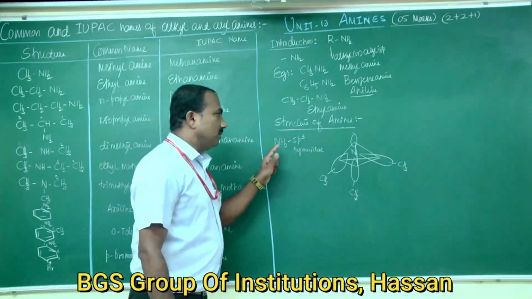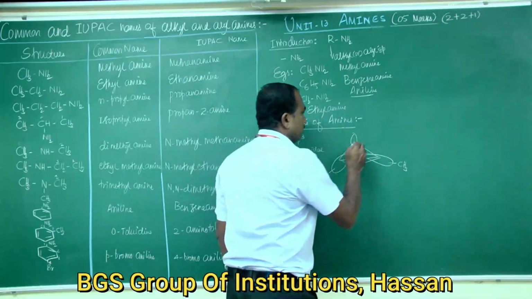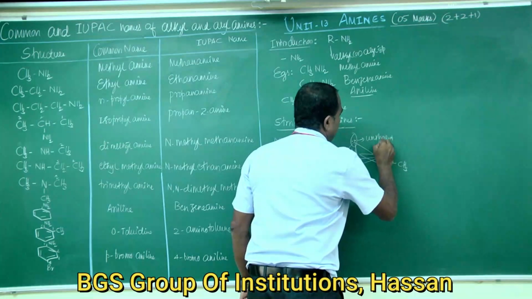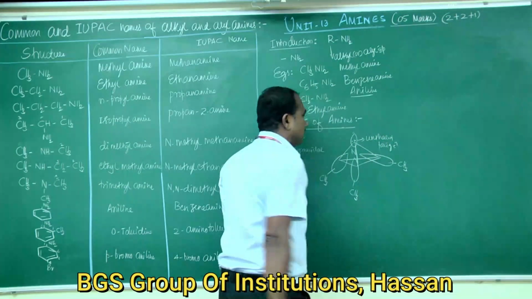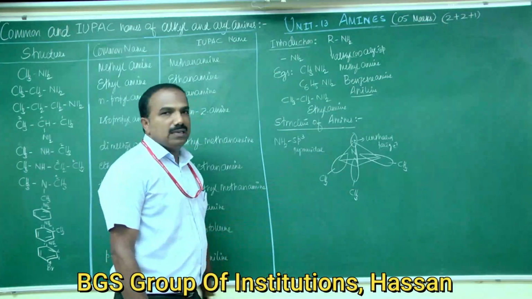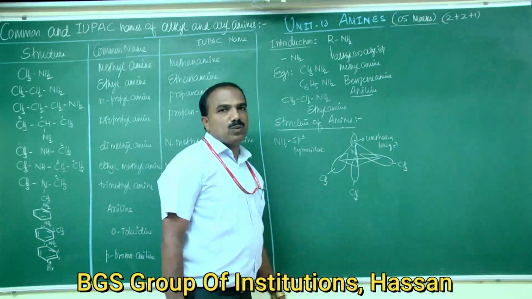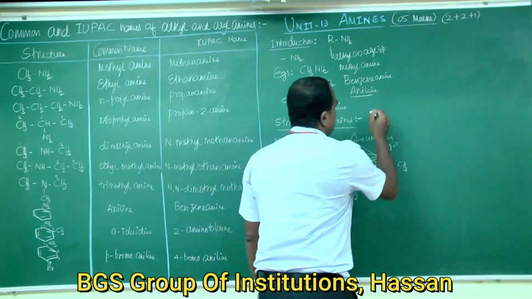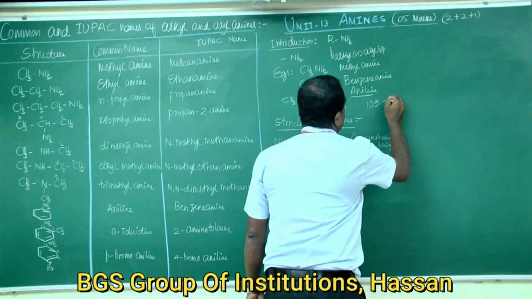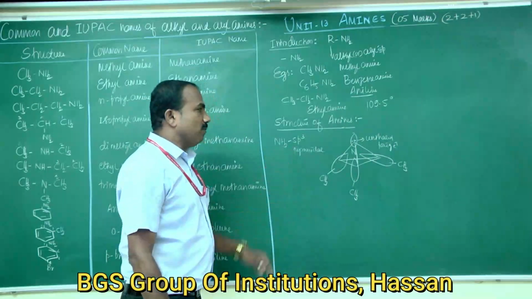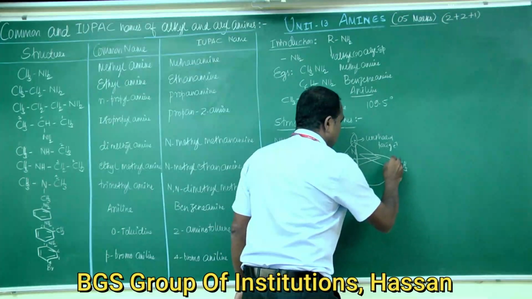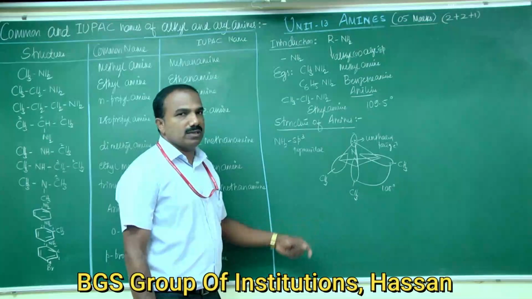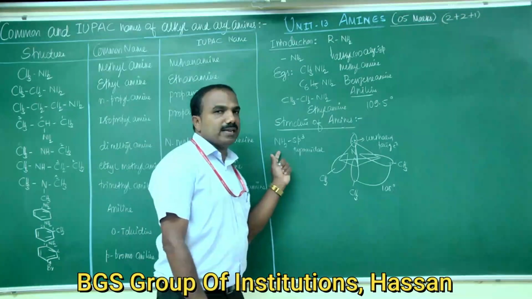Because the nitrogen atom contains an unshared pair of electrons, the bond angle is found to be 108 degrees. Compared to the normal tetrahedral angle of 109.5 degrees, the bond angle is compressed to 108 degrees, according to VSEPR theory, which you learnt in chemical bonding.